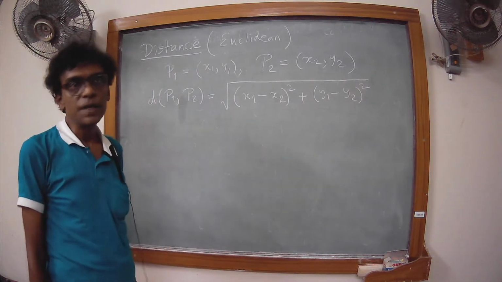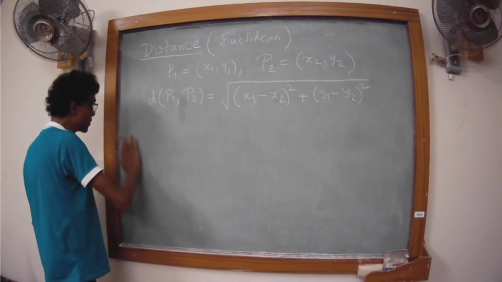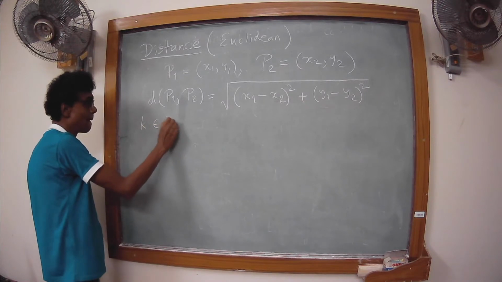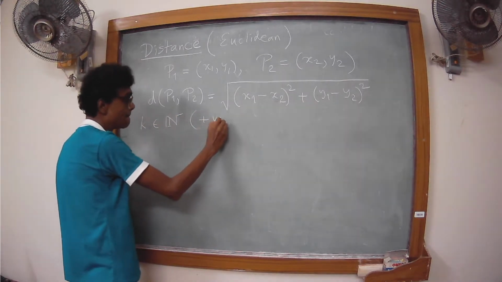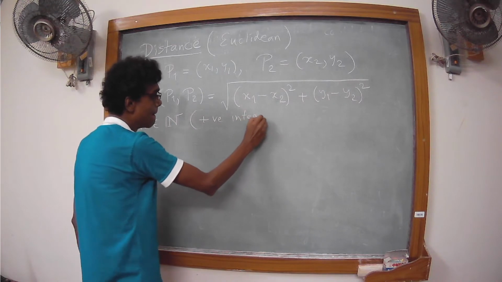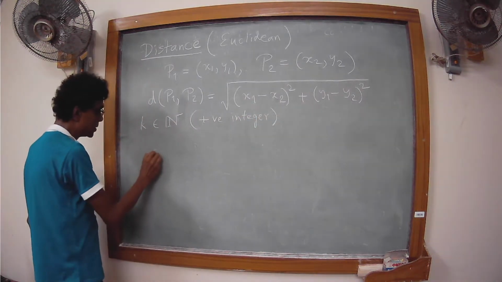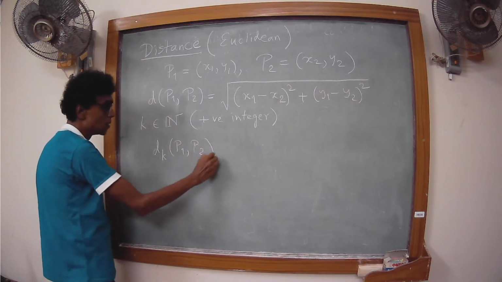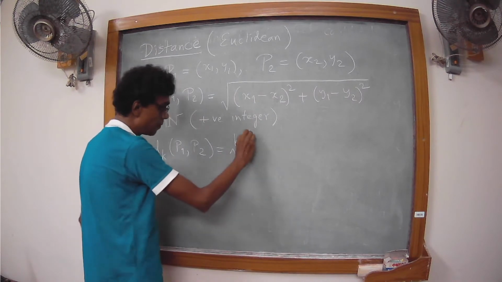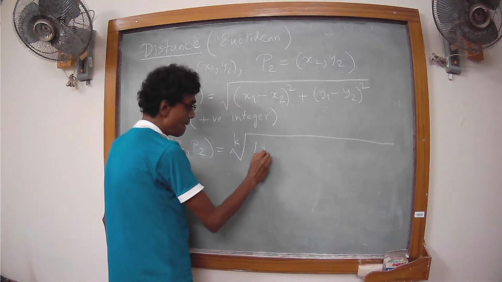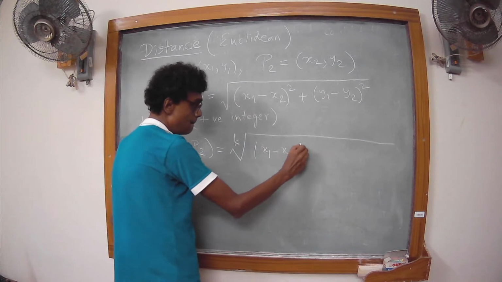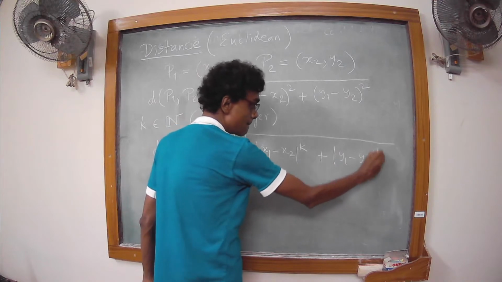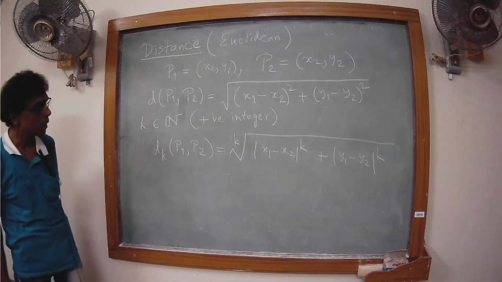But in general, for every positive integer k, I can talk about this distance dk(P1, P2), which is the kth root of this sum, |x1 minus x2| to the power k plus |y1 minus y2| to the power k.